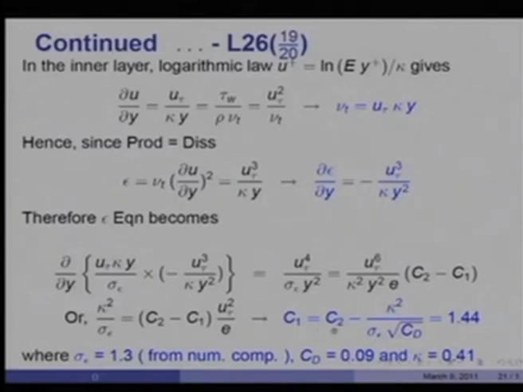Therefore, C1 will be equal to C2 minus kappa square over this, equal to 1.44.